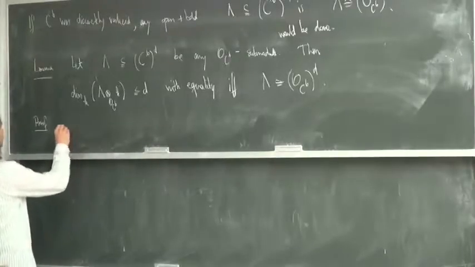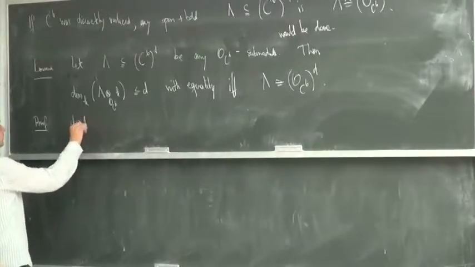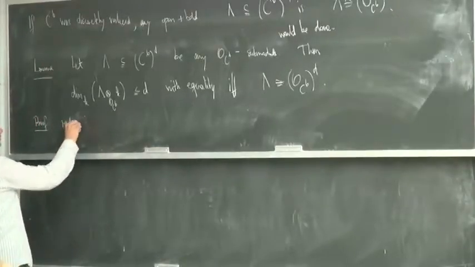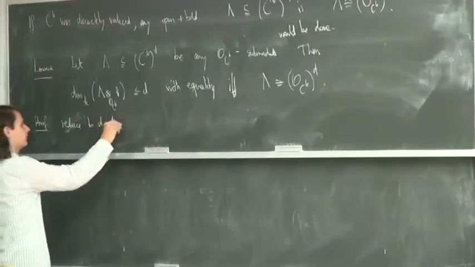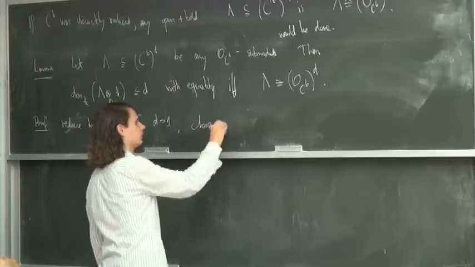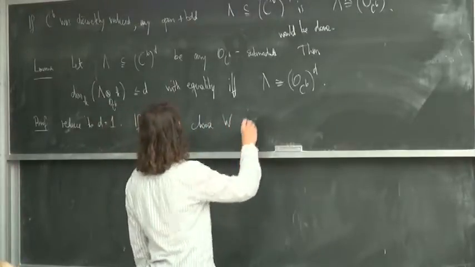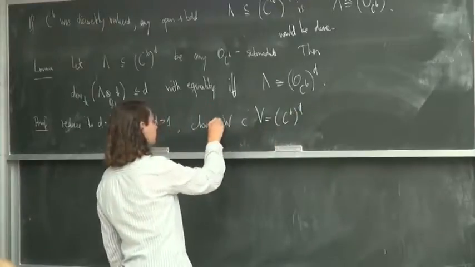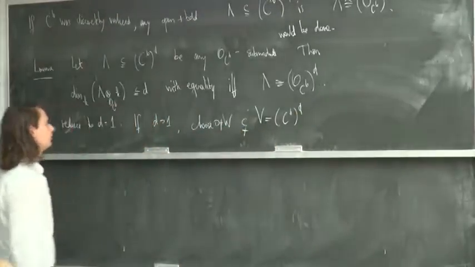So let's first reduce to d equal 1 by induction. If d is greater than 1, let's choose some w inside of, let's call this V, C flat to the d, which is non-zero and not the whole thing.